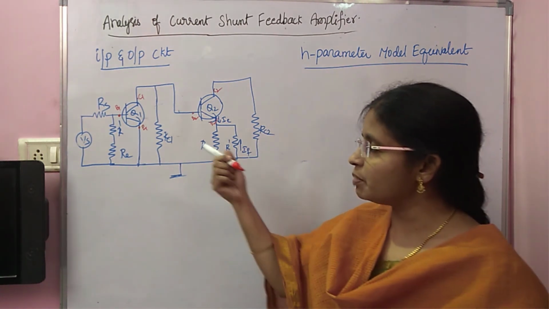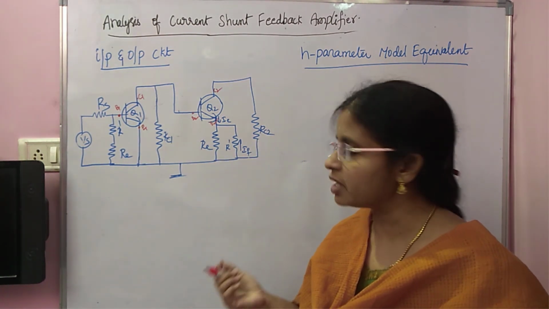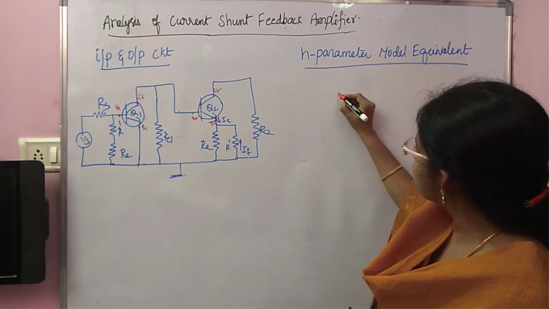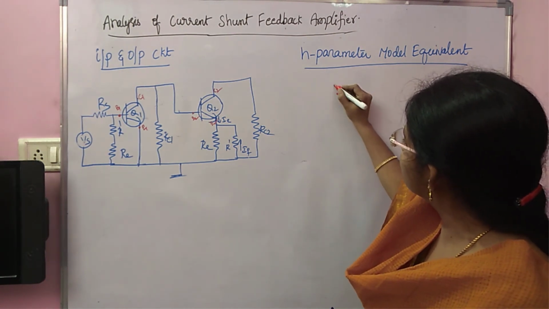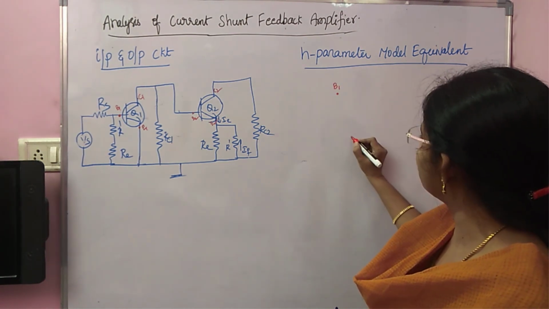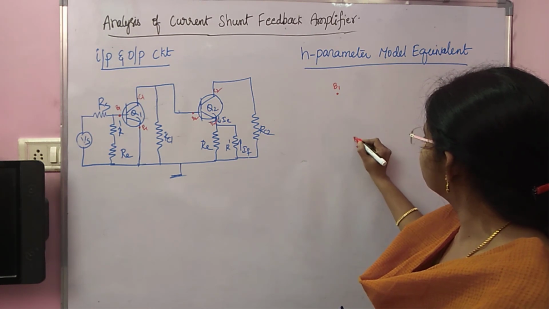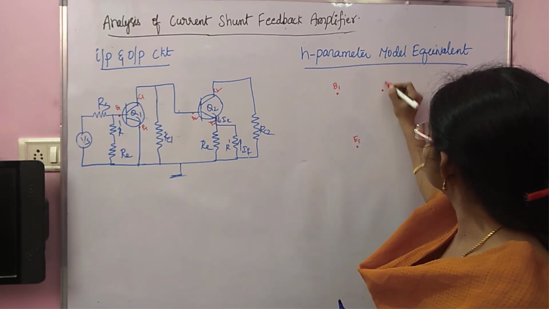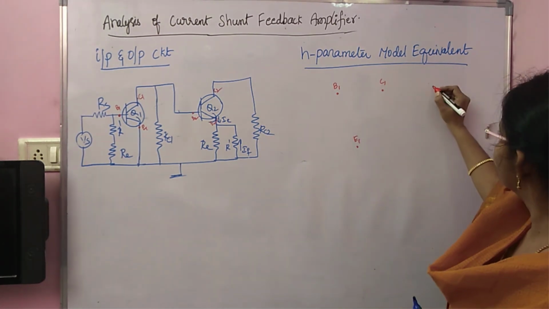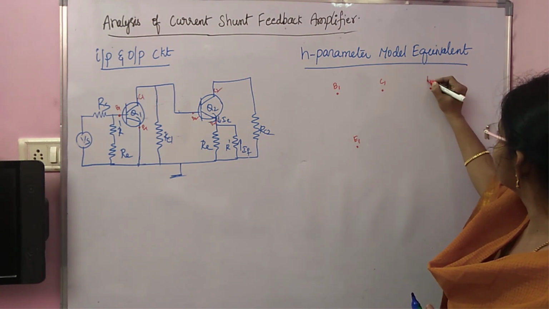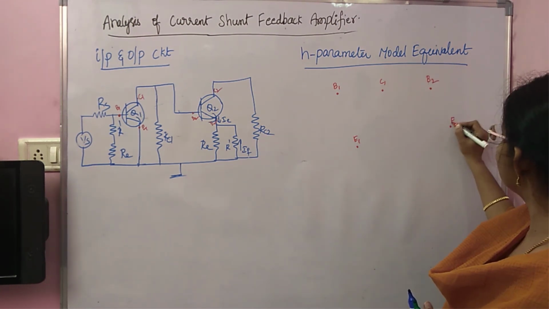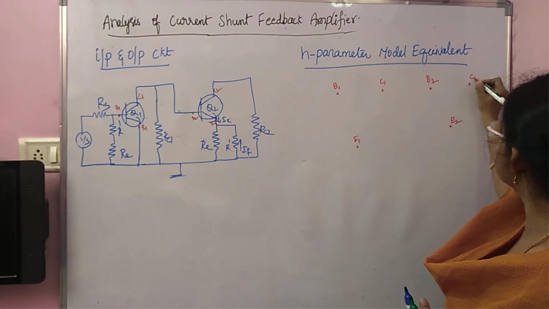Now you have to replace the transistors with their approximate h parameter model. So first I'll keep the terminals B1, E1, C1, E2 and C2.